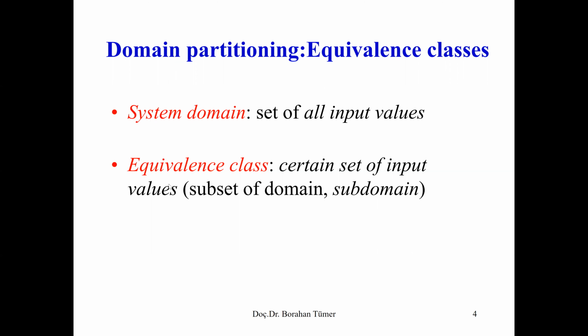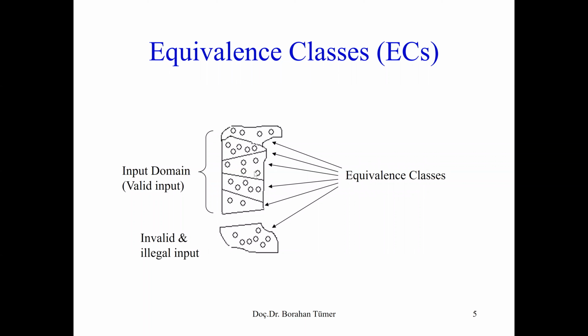Now, an equivalence class is a certain set of input values, a subset of the domain, or a subdomain. Going to this picture, each of these we call an equivalence class, and the entire thing, composed of both valid inputs and invalid or illegal inputs, we call the domain of the system or software product.